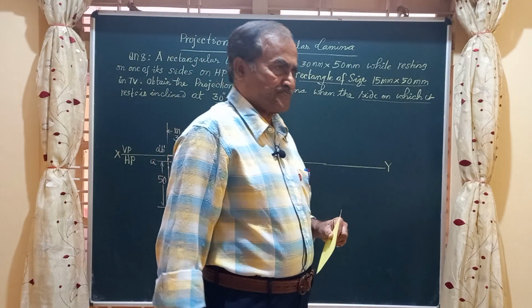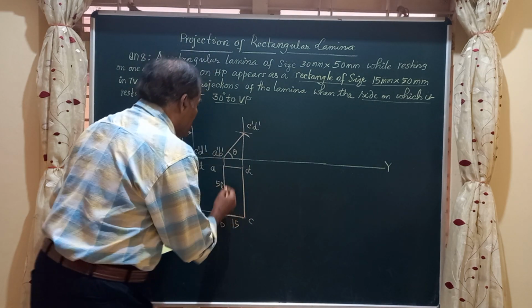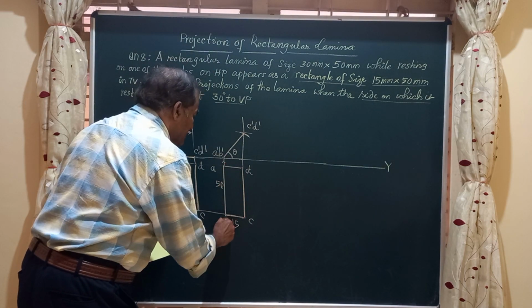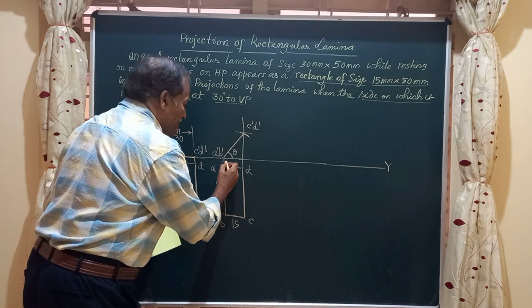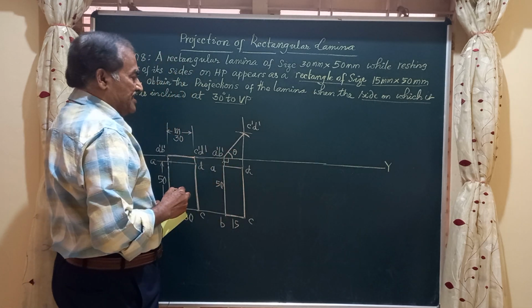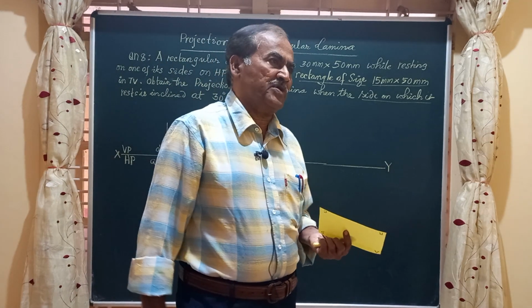to VP. That is, now in this position, the edge AB, which is the longer edge in this case, is now perpendicular to VP. It makes an angle of 90 degrees here, but has to be at an angle of 30 degrees to VP.